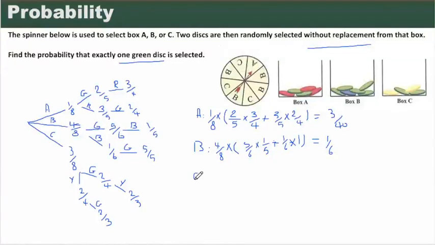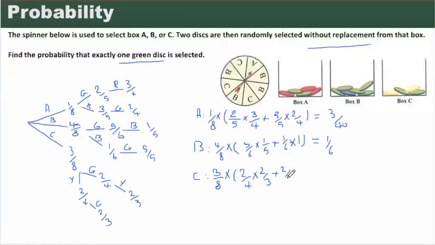I will go to spinner C, the spinner shows C, which was 3 over 8. And then I will go to box C. The first would be green, I have to write 2 over 4, and the second would be yellow.